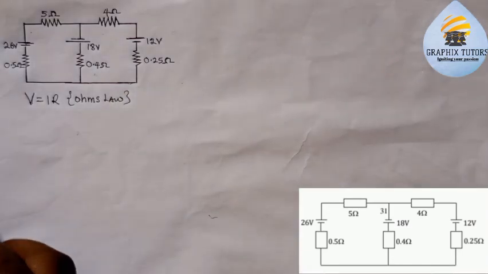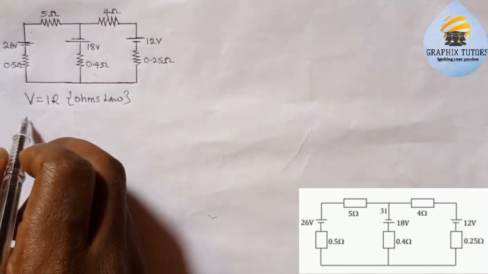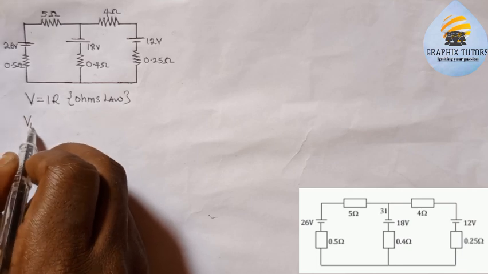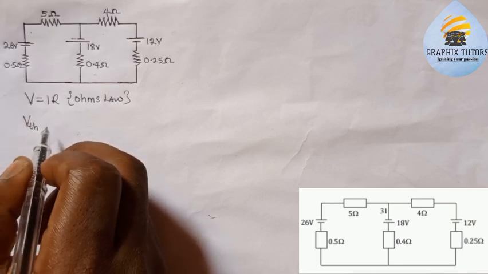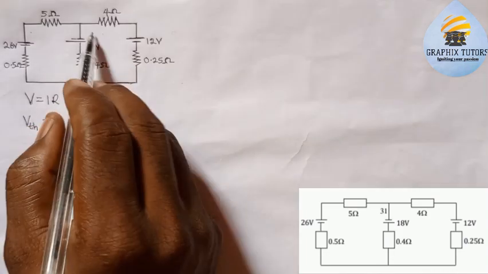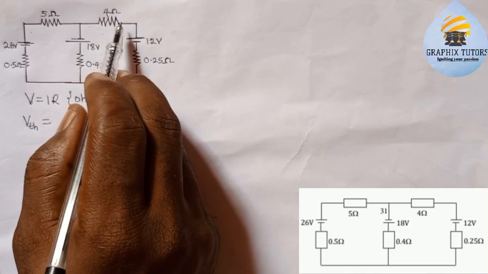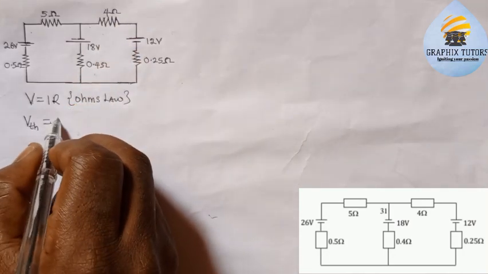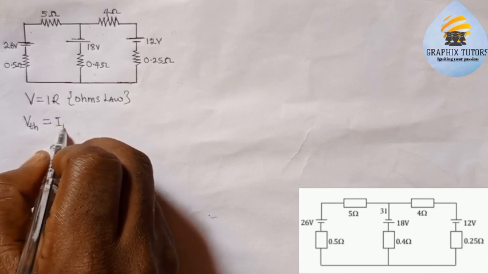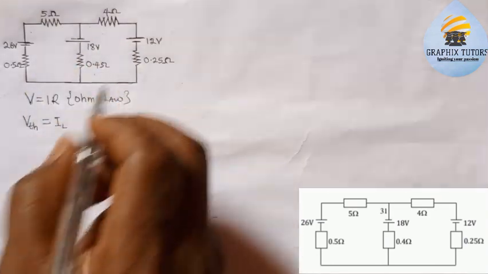Now, in Thevenin's theorem, our voltage will now be called the Thevenin voltage, VTH, equals the current that will be flowing through the resistor that you want it to flow through. We'll call it the IL, right? The current flowing through the load, because resistors are in form of load.